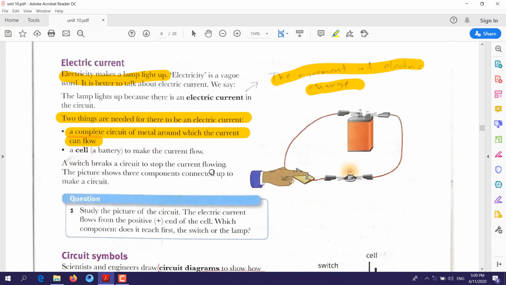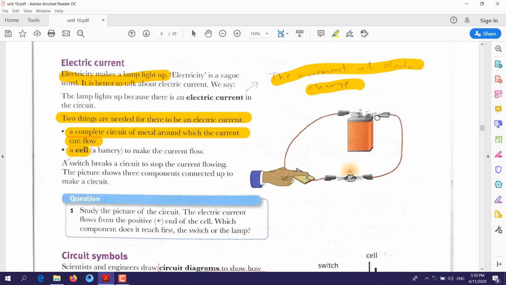What does that mean? If you look at this electric circuit, all of it is made up of metals. These metals should be connected with each other to make one closed circle. Then there should be a cell or a battery, a source of energy, a source of electricity.